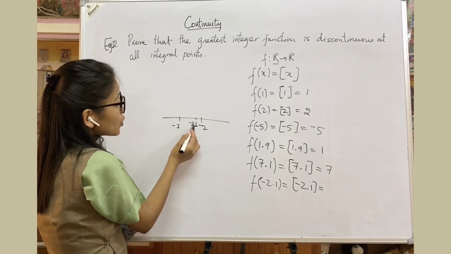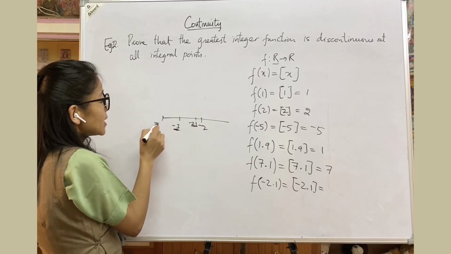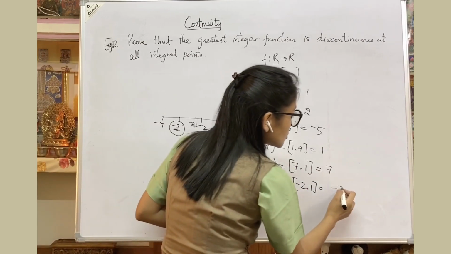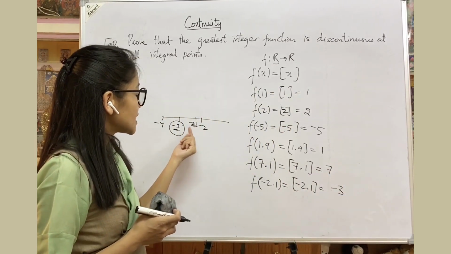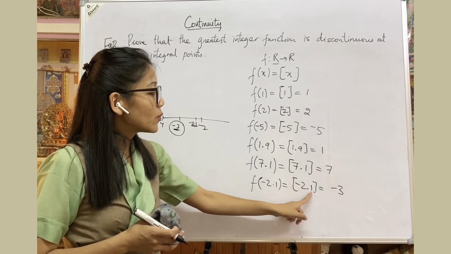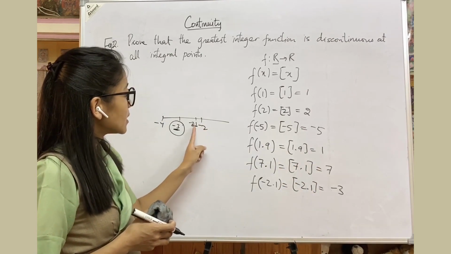Out of all these, you choose the greatest one, that is negative 3. Many students make this mistake: for the greatest integer function of negative 2.1, they choose negative 2, which is greater than negative 2.1.